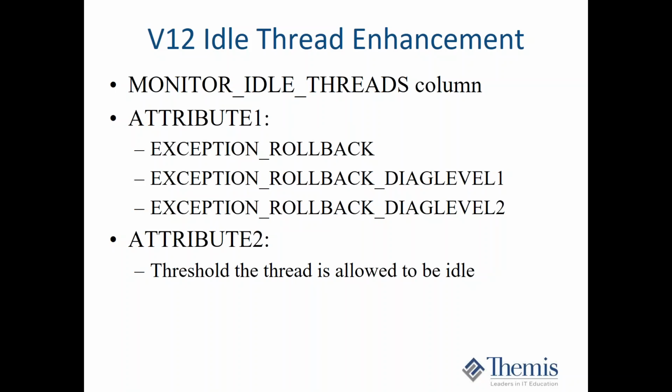You now can say, if you're going to terminate the thread, go ahead Db2 and roll it back. So if it hits the threshold you set, go ahead and roll it back just to be on the safe side.